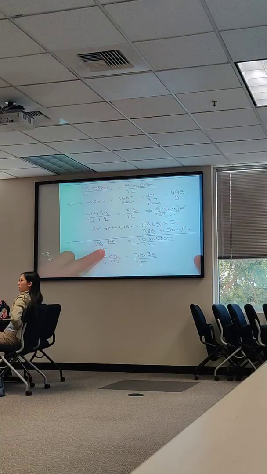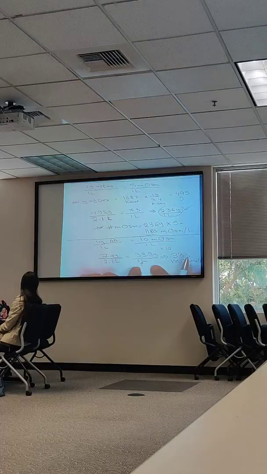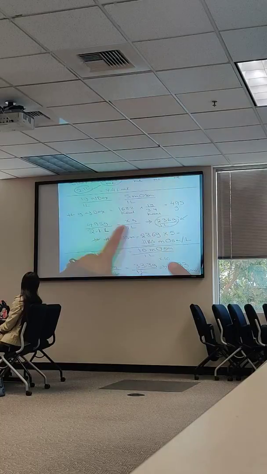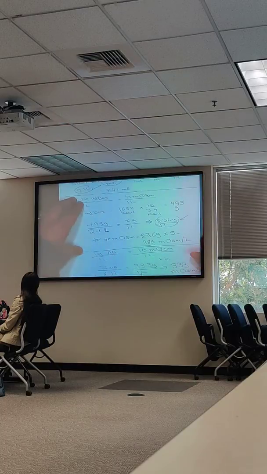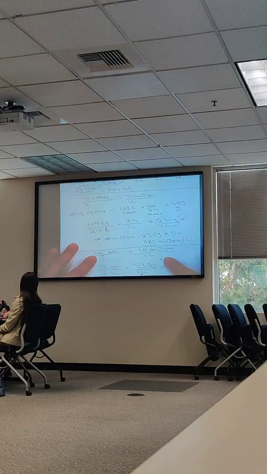If 1 gram per liter provides you with 10 milliosmolar per liter, the 33.3 grams per liter will give you 333 milliosmolar. Why? I multiply by 10. So once you calculate the grams per liter of amino acid, just multiply by 10. Once you calculate the grams per liter of dextrose, just multiply by 5.